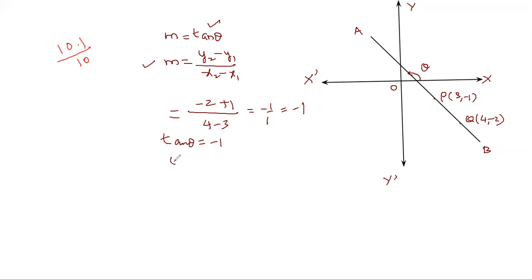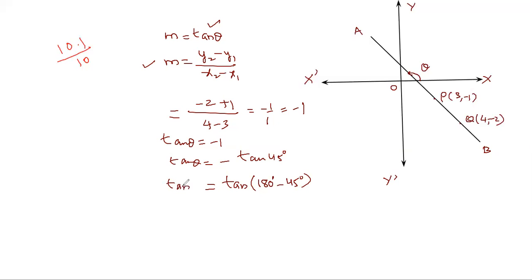So find theta. Tan theta is equal to minus 1 means minus tan 45 degree. You know that tan 45 degree is 1. So tan of 180 minus theta, second quadrant, is minus tan theta.